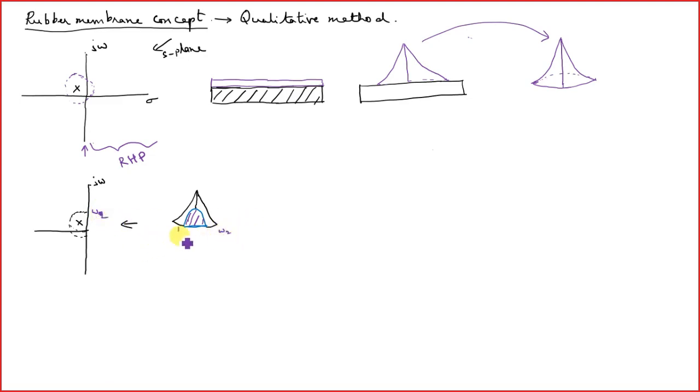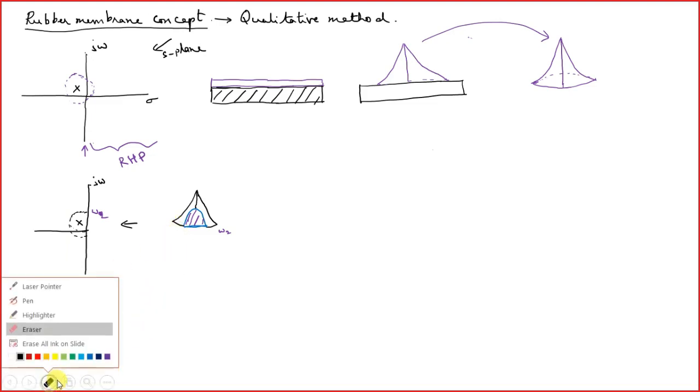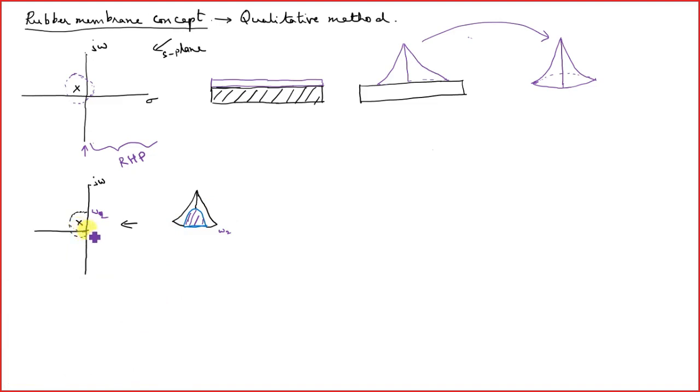This is 0, this is omega 2. So this cut surface is this one. It starts from below 0, so say it starts from 0 omega, and we have some components on the negative side also, right?